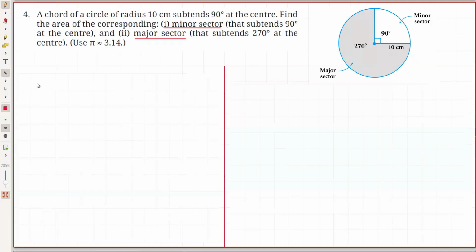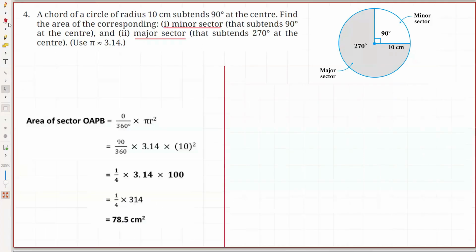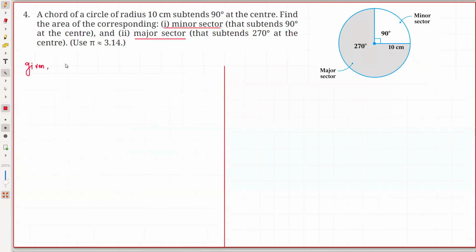In both ways you can just try it. Okay, so let me show the answer. First you write what is given. Given radius is equal to 10 centimeters. For the minor sector, theta is given as 90 degrees. Now we can find the area of the minor sector.